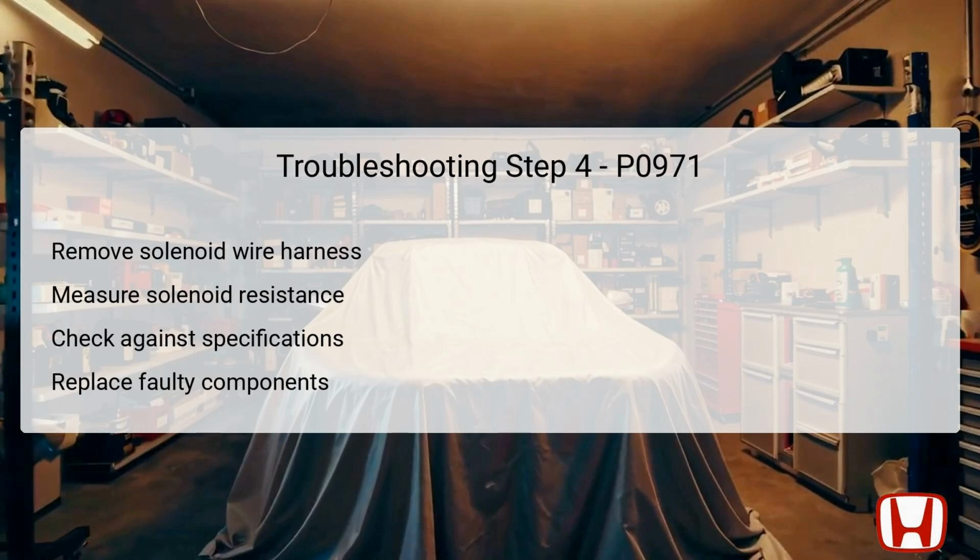Ideally, the resistance should read between 4.9 to 6.6 ohms, indicating that the solenoid is functioning within specified parameters. If the resistance falls within this range, the solenoid is likely operational, and attention should shift to examining the solenoid wire harness for damage.